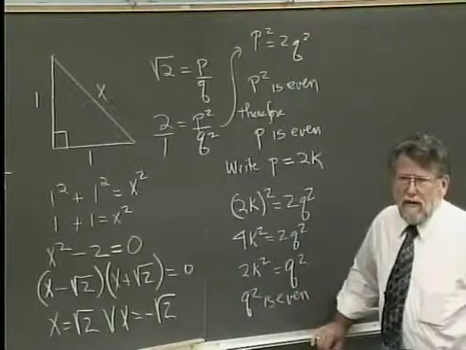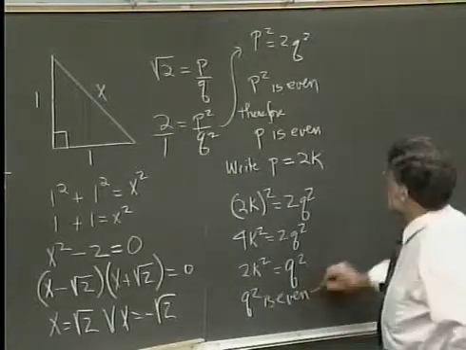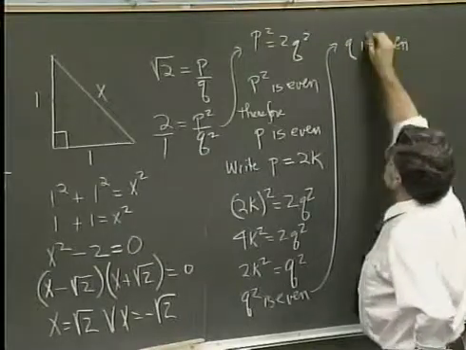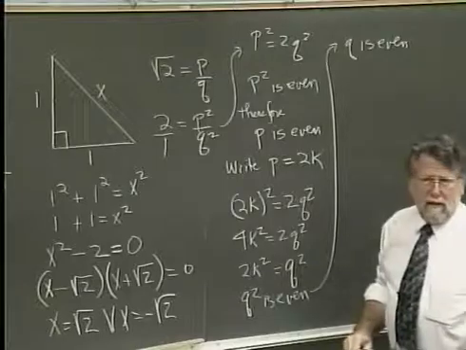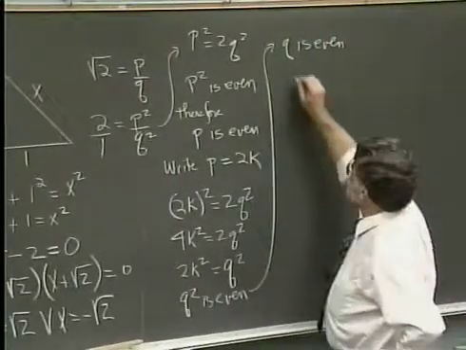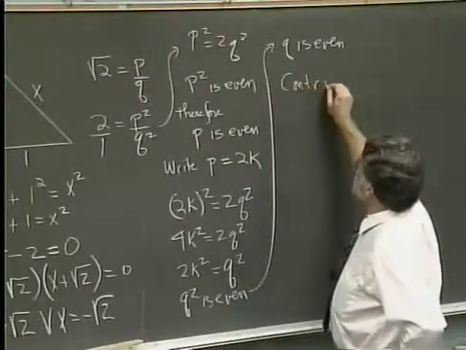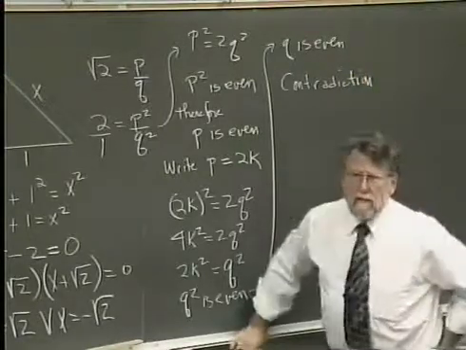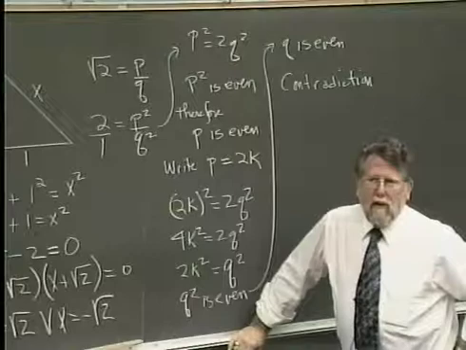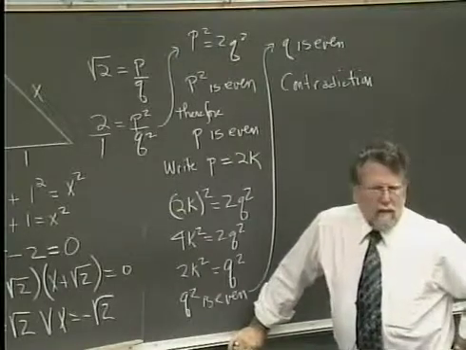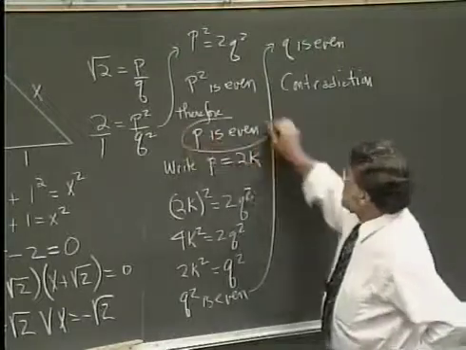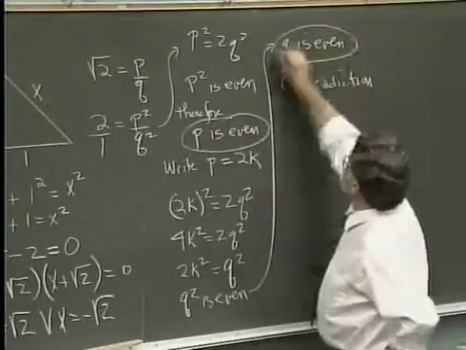But if q squared is even, what's true? Q is even. Contradiction. Why is it a contradiction? Said they couldn't have anything in common. P is even, Q is even. Here's the key part. P is even, Q is even.